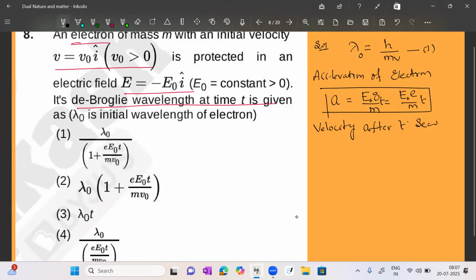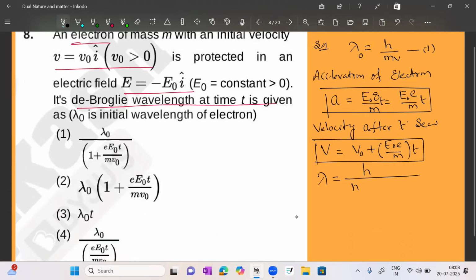Velocity after t seconds we can write as v equals v naught plus (e naught e by m) into t. Now I want the de Broglie wavelength for this. The de Broglie wavelength lambda is equal to h by mv.